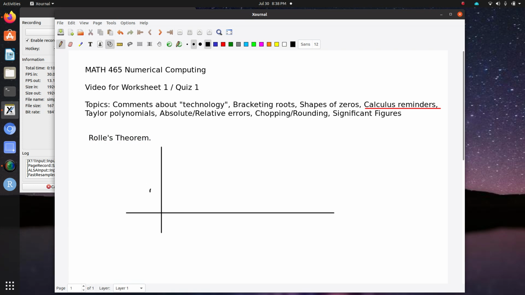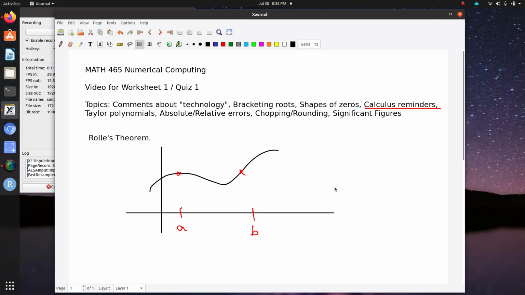You have some kind of function, and we're going to have, let's say, A and B.